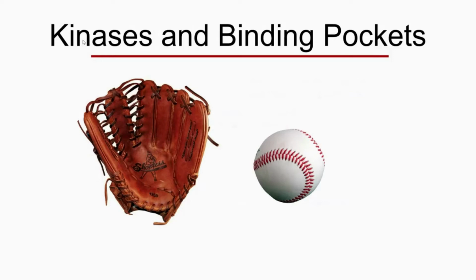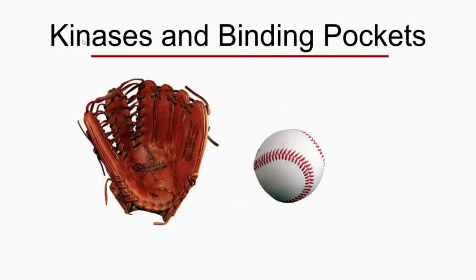To extend this analogy even further, Jack was describing new mutations developing as a mechanism of resistance. That I visualize in my head as suddenly the whole glove pocket changes, and the ball is no longer able to fit inside. Essentially the same thing is happening within the cell.